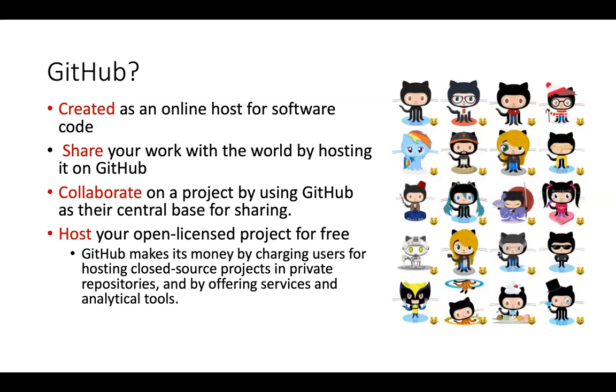You can collaborate on a project, and because there are quite a large number of public repositories, you may look and search for existing projects that you are interested in from other researchers.